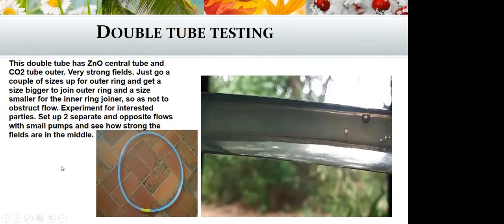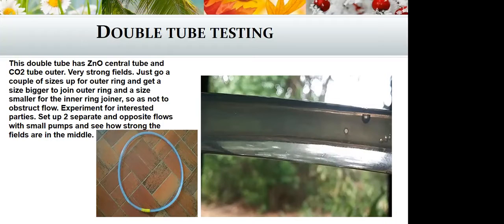The other thing that we've seen with the health recently are the double tubes. I did this one a while back with zinc in the central tube and CO2 on the outer tube. It has very, very strong fields, and if you just go a couple of sizes up for the outer ring and get a size bigger joiner for the outer ring as well, then you can get a nice flow through, so that there is a good clearance between the inner ring and the outer ring.